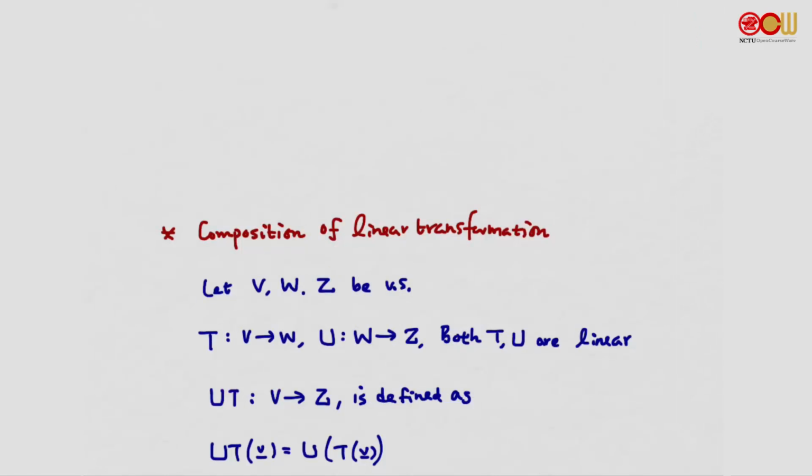Now let's consider composition of linear transformations. V, W, Z are vector spaces. T is a linear transformation from V to W. U is a linear transformation from W to Z. The composition UT from V to Z is defined like this: UT of v is U of T of v.